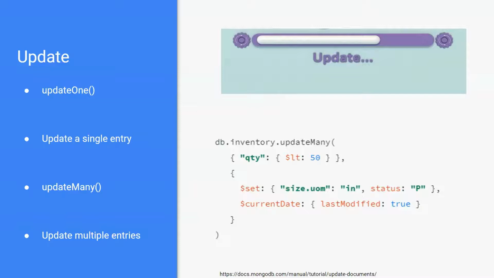Like you can see out here, we are setting it just on a specific condition that if we see that the quantity is less than 50, then we are setting a specific value to a specific thing. And we are also changing the current date to last modified true. This allows us to have a very systemized approach towards updating our data by allowing you to update many attributes, many entries at one time.